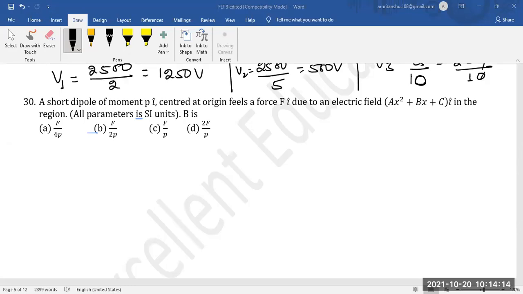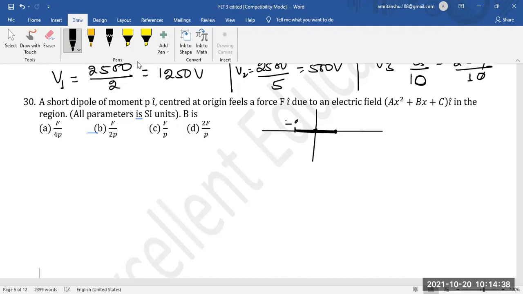So in this question, if we read it very carefully, we can see that dipole P is centered at the origin. Means what? If this is our origin, dipole is placed somewhat like this.